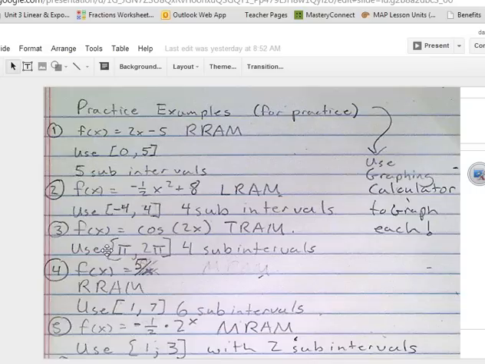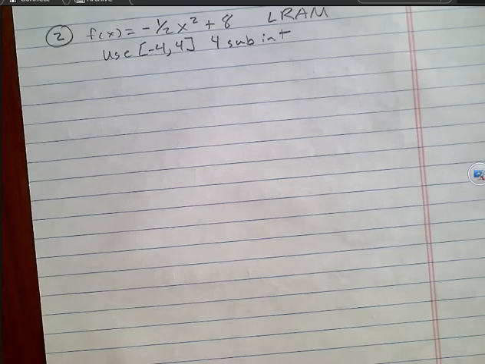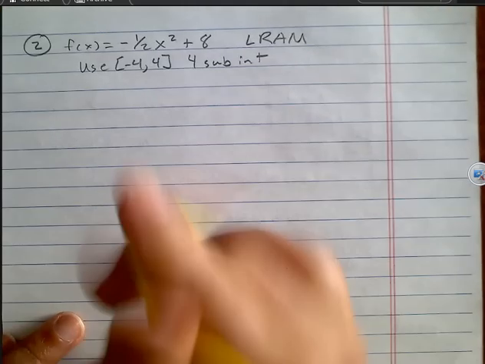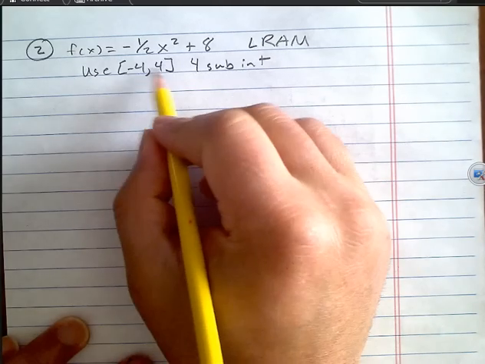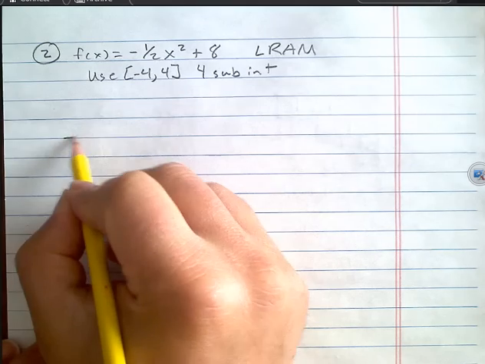We're going to use negative 4 to 4 and 4 subintervals. Okay, so here we go. Alright, so first we start with the graph. Now our interval is negative 4 to 4, so our x-axis should be negative 4 to 4.